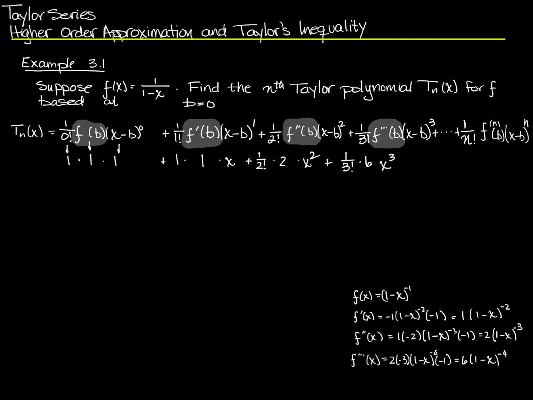All right, let's see if we can figure out what the pattern is. Here I have 1 over 0 factorial times, I'll leave that blank for now, times 1, plus 1 over 1 factorial times, I'll leave that blank for now, times x. 1 over 2 factorial, again, I'll leave that blank just for the moment, plus 1 over 3 factorial x cubed.